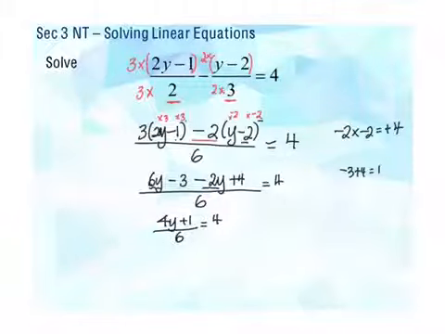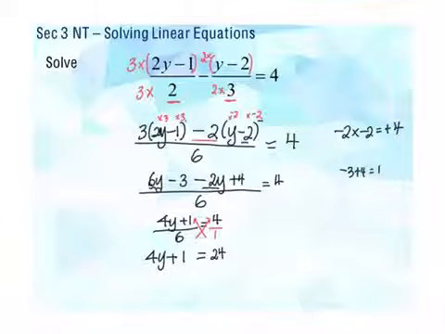Now, in order to be able to cross multiply, I will change this as 4 over 1. Doing a cross multiplication, keeping our equal sign in the center, we will get 4y plus 1 over here, and 6 times 4, which is 24 over the right hand side.